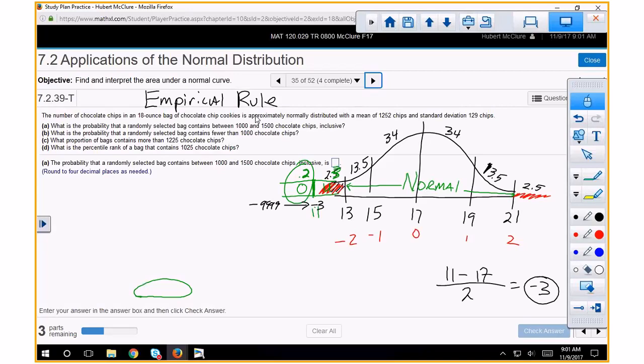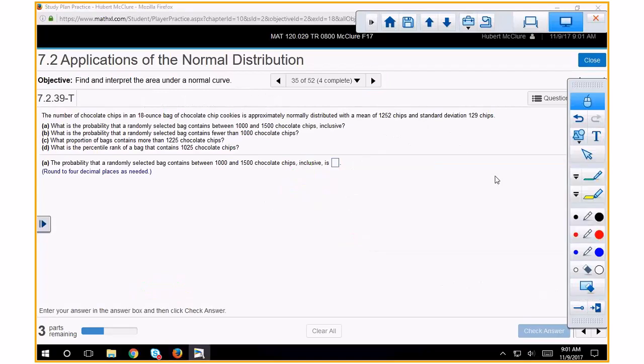All right, let's see what this one says. The number of chocolate chips in an 18-ounce bag of chocolate chip cookies is approximately normally distributed. All right, do this one. Knowing where your chocolate chip cookie sits in the normal distribution matters.